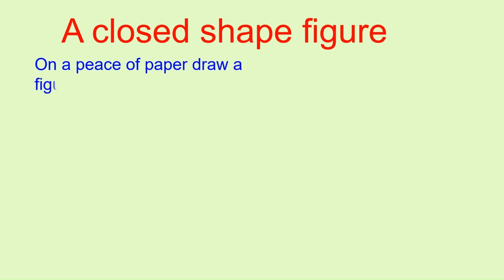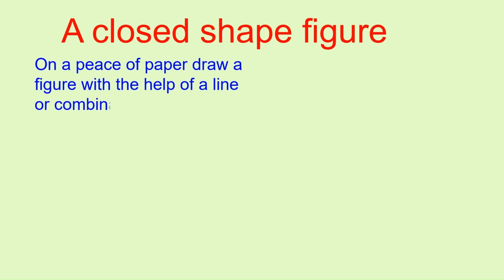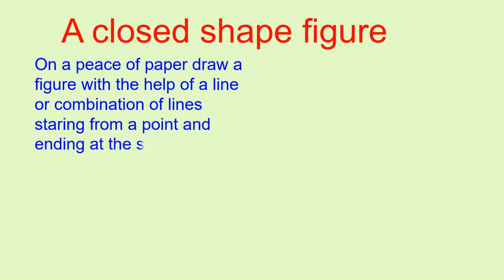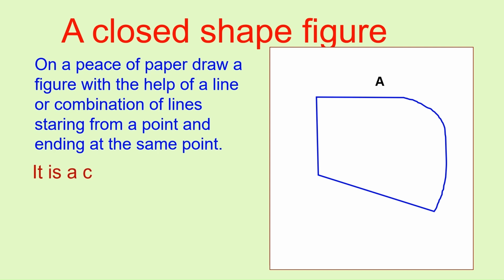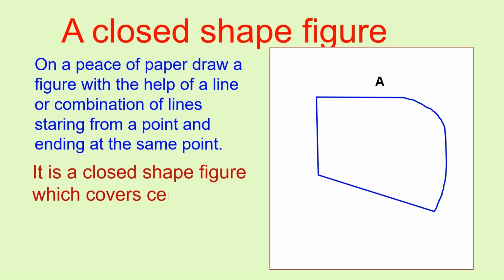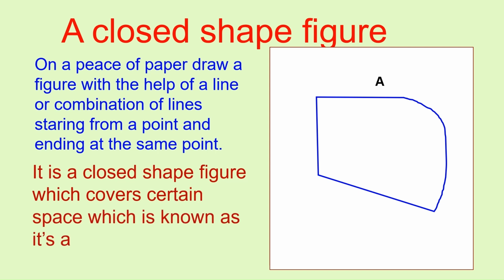A closed-shaped figure on a piece of paper: draw a figure with the help of a line or combination of lines, starting from a point and ending at the same point. It is a closed-shaped figure which covers certain space, which is known as its area.